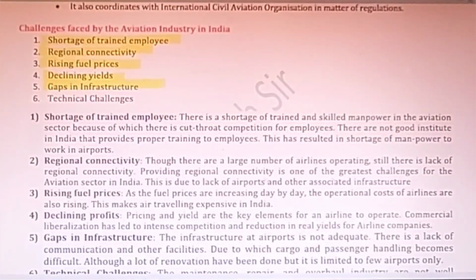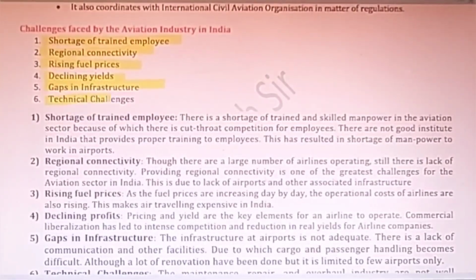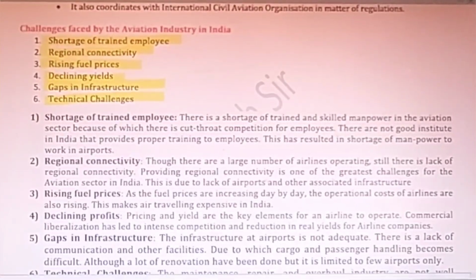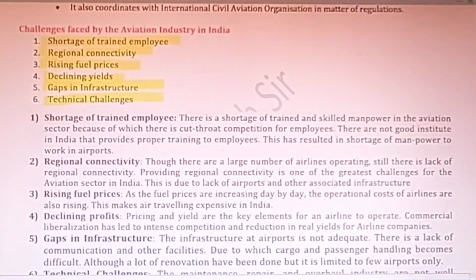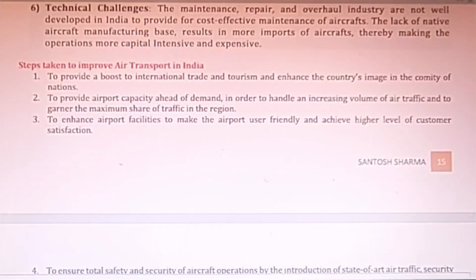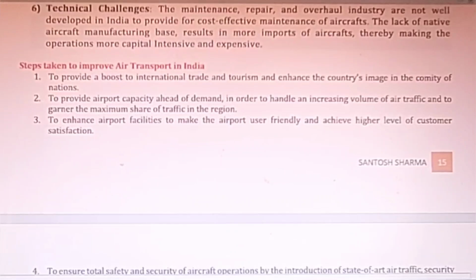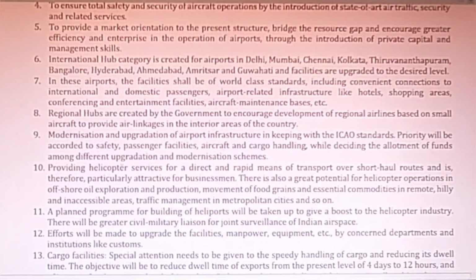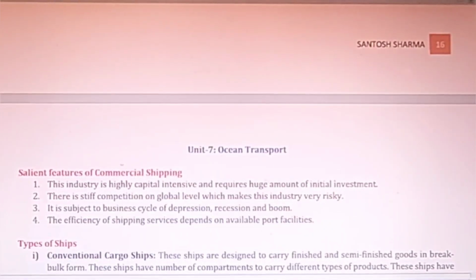Then gaps in the infrastructure facilities and some technical challenges in terms of technology. So these are few challenges, issues or problems in air transport. Some steps have been taken by the government to promote this, but they are not very successful.